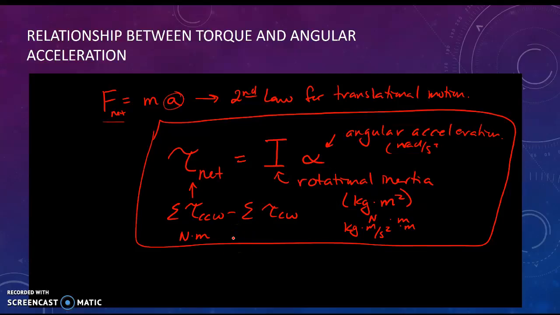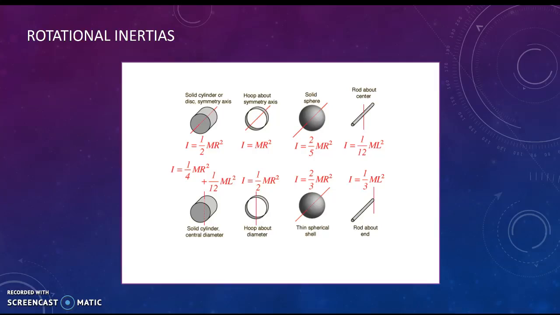So rotational inertia. You guys don't have to memorize this table. You might want to take a screenshot and print it out and paste it in your notebook or something, because what these give you are the different equations for the different shaped objects and how to calculate their rotational inertia and how to express it.